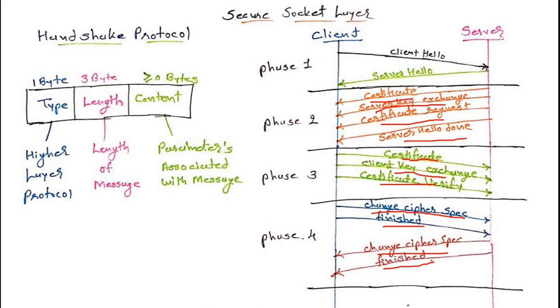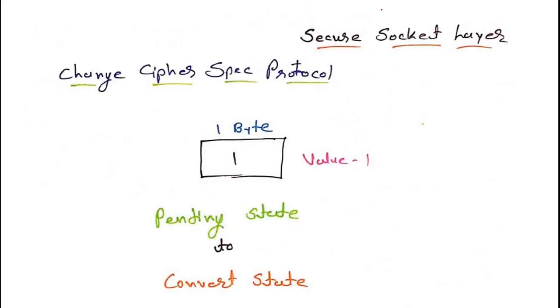So that is how the handshake protocol works during phases 1, 2, 3 and 4. After the completion of the handshake protocol, the next protocol is the change cipher spec protocol. The main role of the change cipher spec protocol is converting the pending state to the current state.